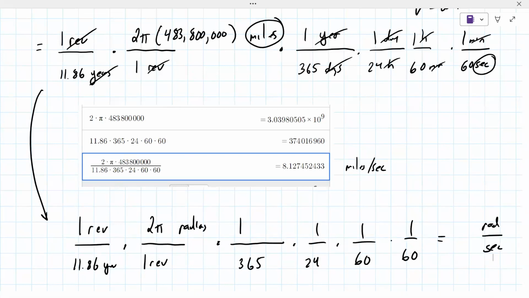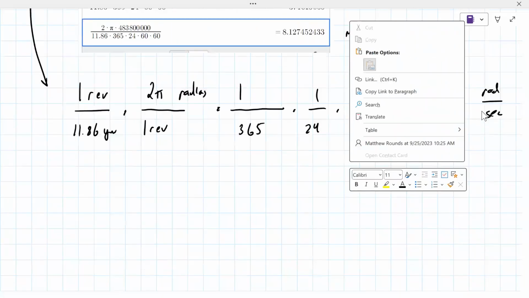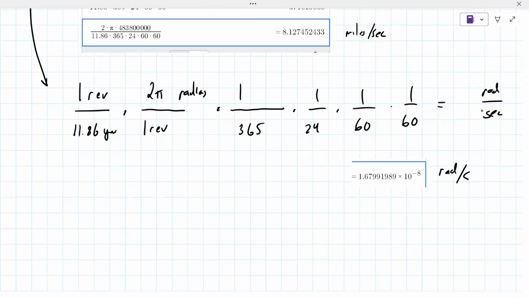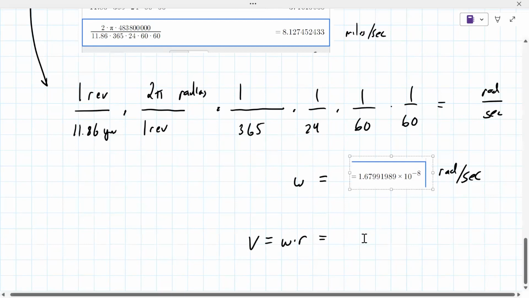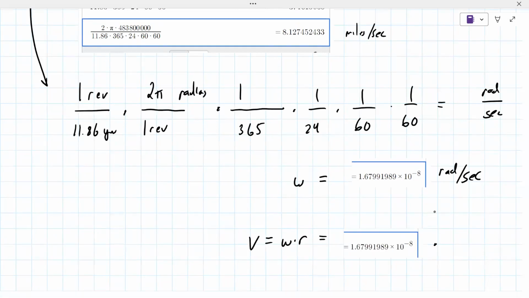So let me calculate that. It's not a great number because it doesn't mean much. But you end up getting this number for radians per second. Okay, and that's your W, or your angular velocity, and V is W times R. So you would take that number you just calculated times the 483,800,000 miles.